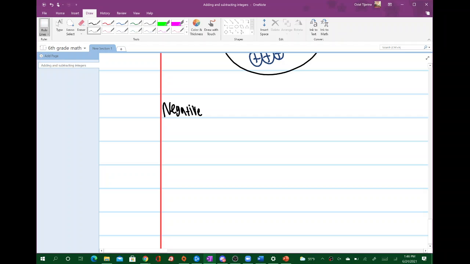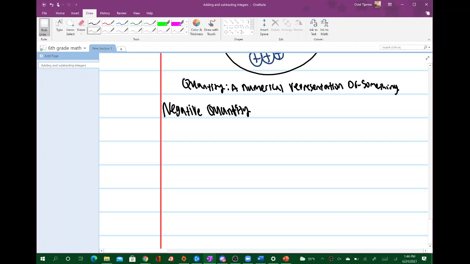So negative quantities. If you don't know what a quantity is, a quantity is a numerical representation of something. Let me explain this very quickly. A quantity is when, for example, I can say I have 3 apples. What is this? That is a quantity, right?